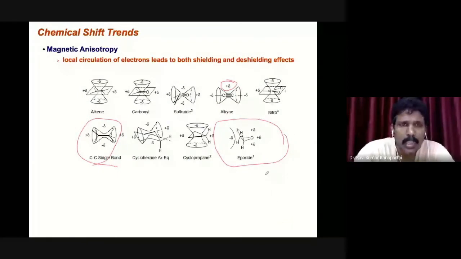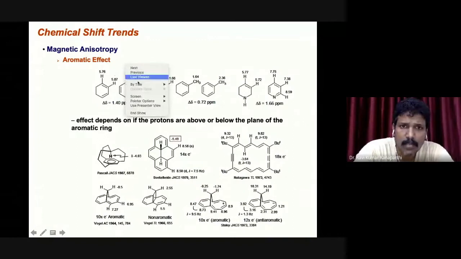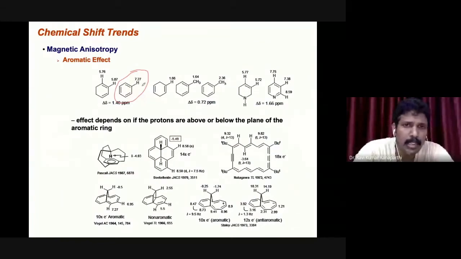Okay, so this slide is again the summary of what we have discussed with regard to the magnetic anisotropy of aromatic compounds. And you can see here that in cyclohexene those protons are seen at 5.87 or 5.7, whereas the aromatic one, where you have alternating double bonds, is exhibiting the chemical shift value at 7.27.